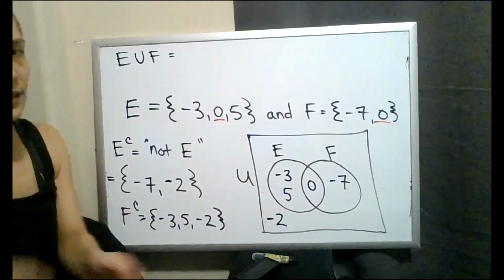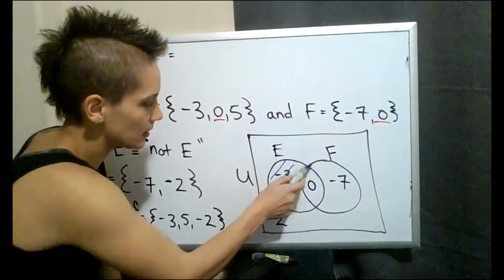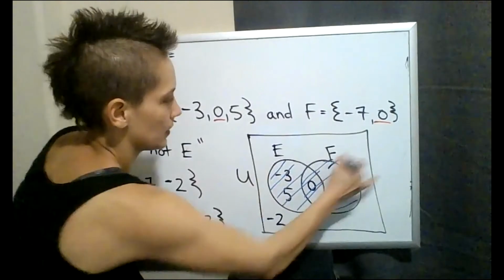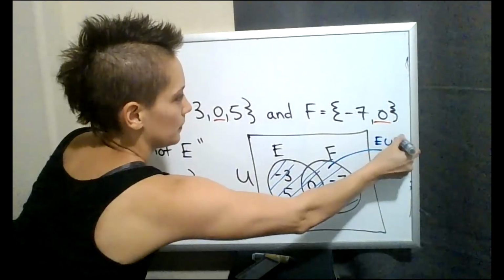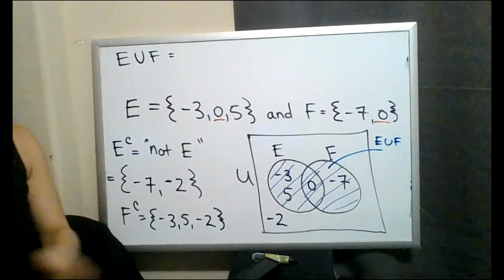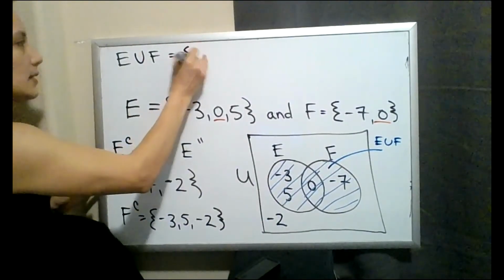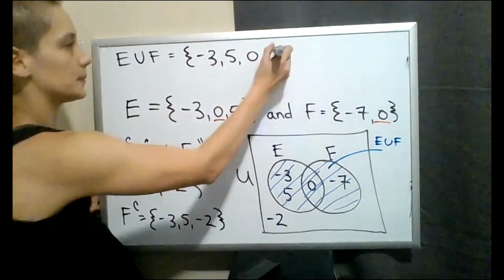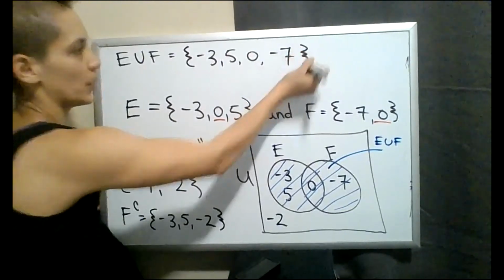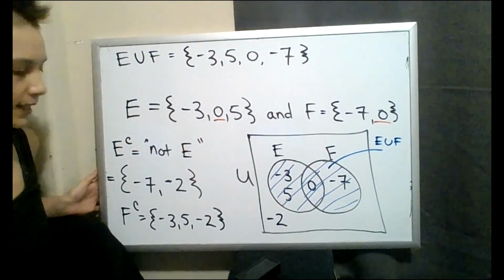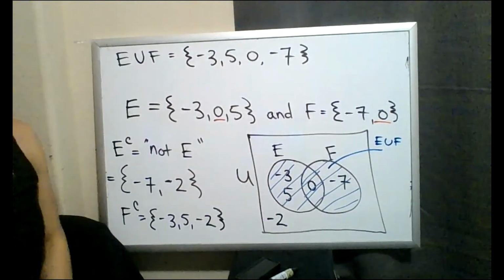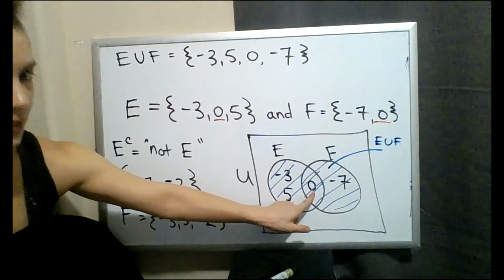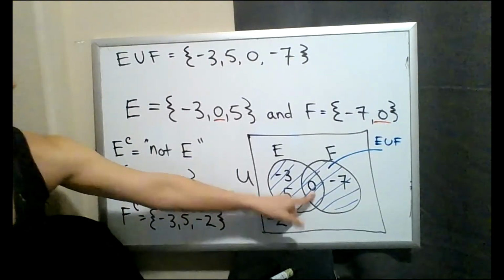I'm going to shade the union of the sets, all of this. Curly bracket, put your elements, close your set with another bracket. And then the last part is the intersection, which is that part right there where they overlap. So E intersect F is the set that contains 0.